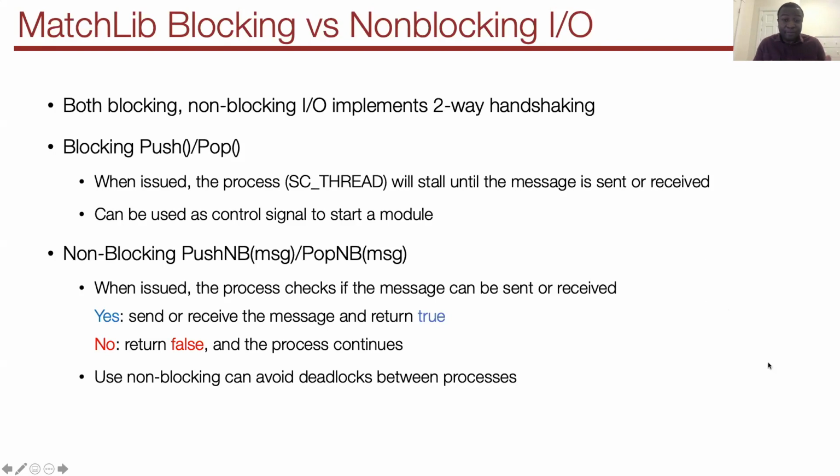In fact, using a blocking push and pop can be useful in controlling the start of an event. So for example, starting a multiply and accumulate computation upon receiving the enable signal. So this is a very specific scenario where you would need to actually use a blocking channel.